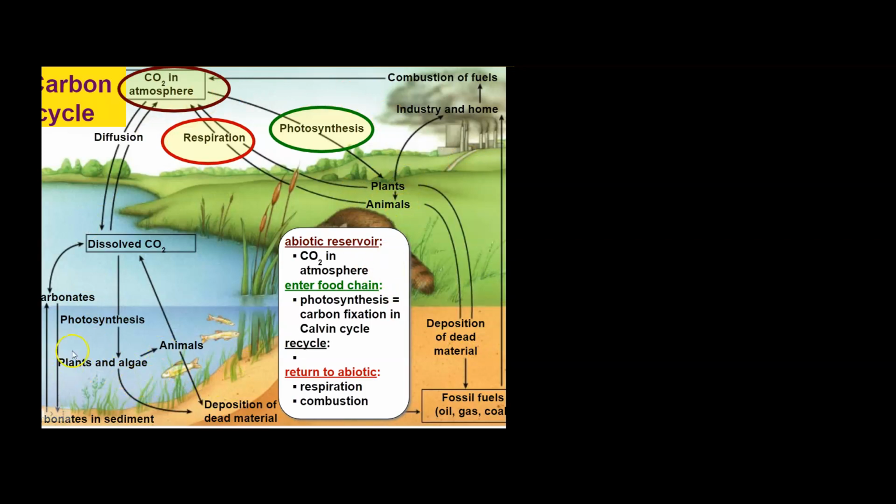We have living things aquatically, plants and algae and fish. We have the soil, which can contain carbonates. Deposition of dead material, for example, within the soil is going to be carbon, of course, that is just sitting there within this reservoir. Carbon dioxide can dissolve in water. And again, the atmosphere is a very large reservoir.